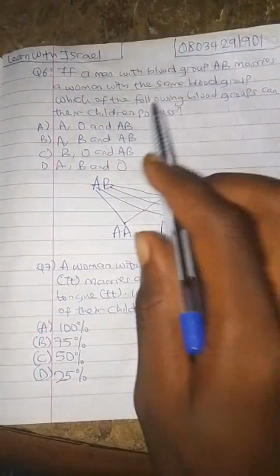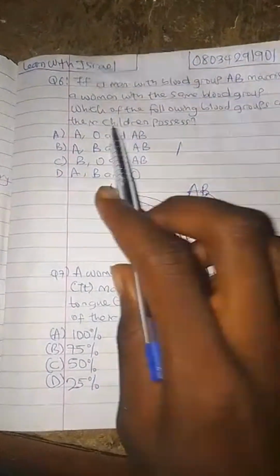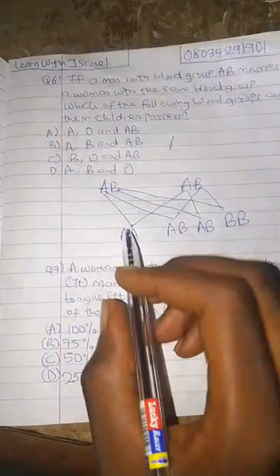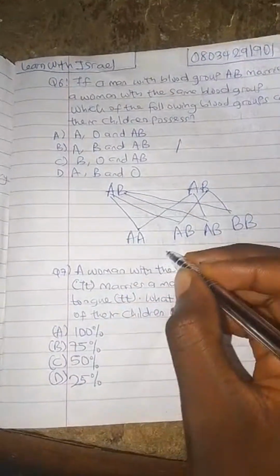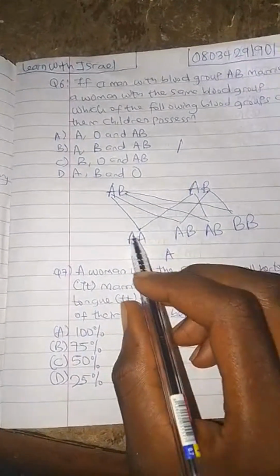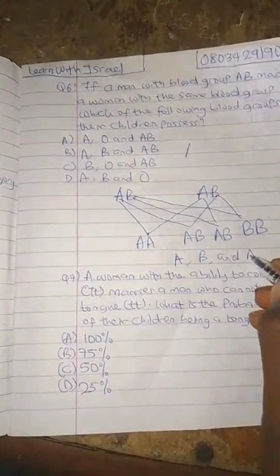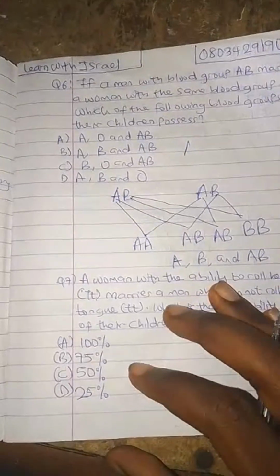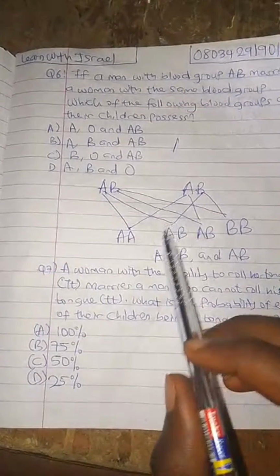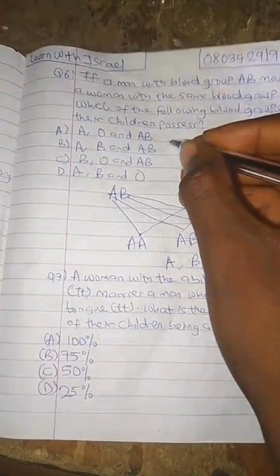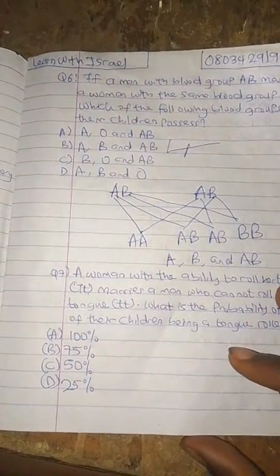So which of the following blood groups can their children possess? Their children can possess A, B and AB. So if you check our options, you can find A, B and AB in option B, which is the appropriate answer.